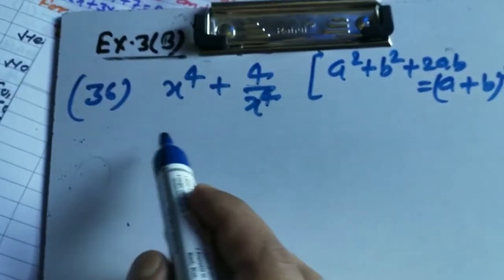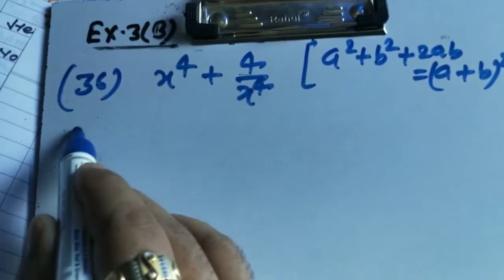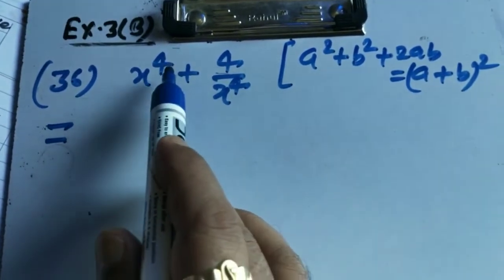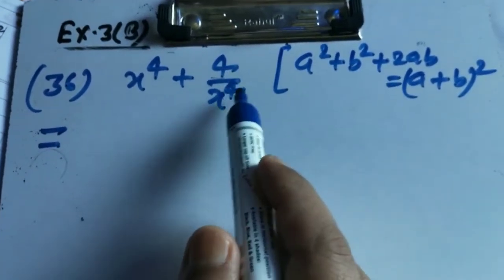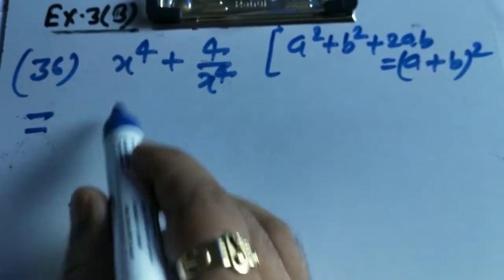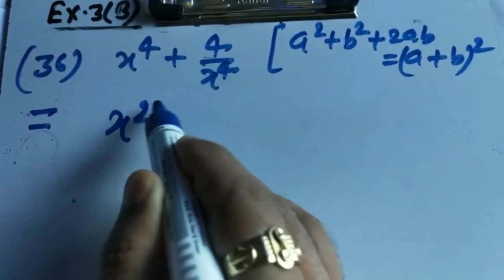Let us see question number 36. Your question number 36 is you have to factorize x power 4 plus 4 by x power 4. So this x power 4 can be written as x square the whole square.